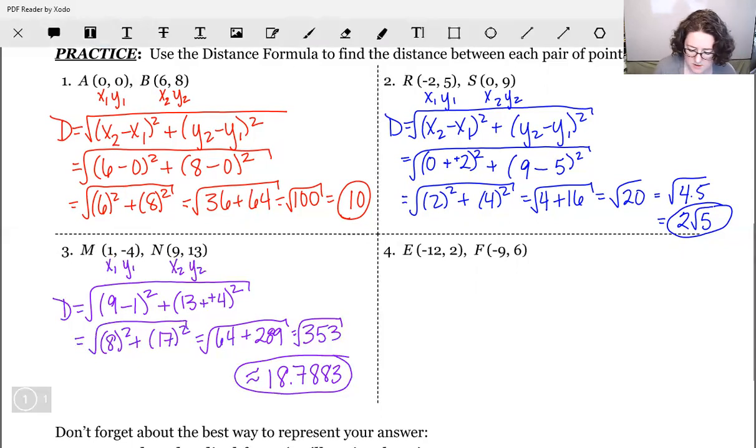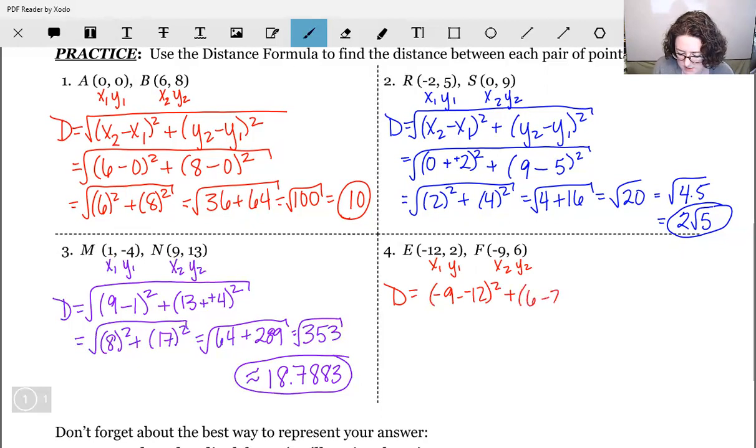Okay, so x1, y1, x2, y2. Our distance equals the square root of -9 minus -12, squared, plus 6 minus 2, squared.